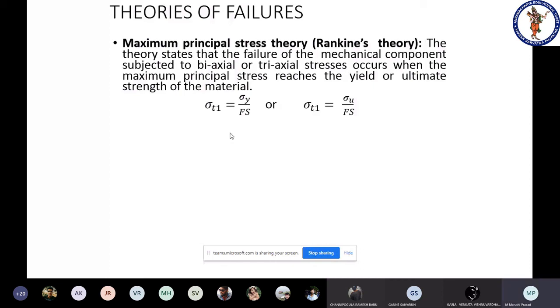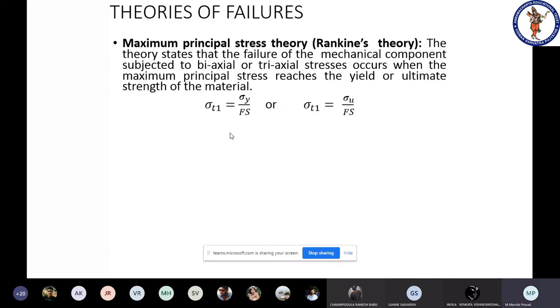As per this theory, the failure of a component subjected to biaxial or triaxial loads or stresses occurs when the maximum principal stress reaches the yield or ultimate strength of the material.